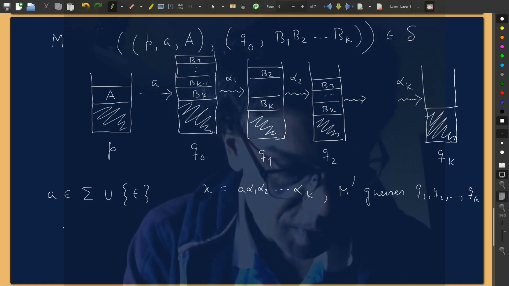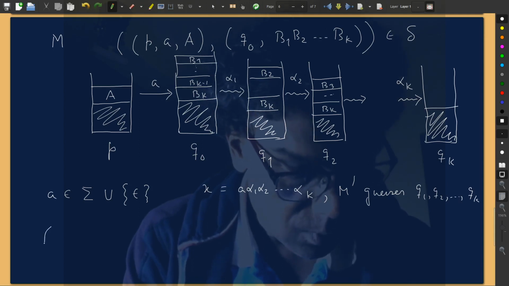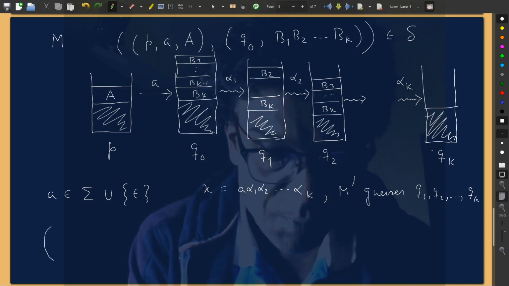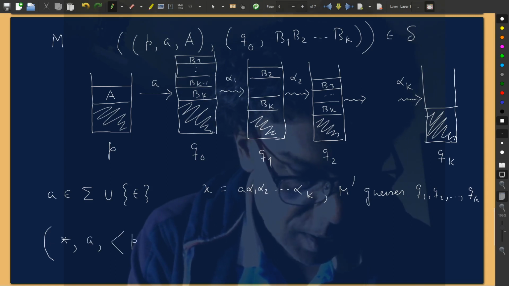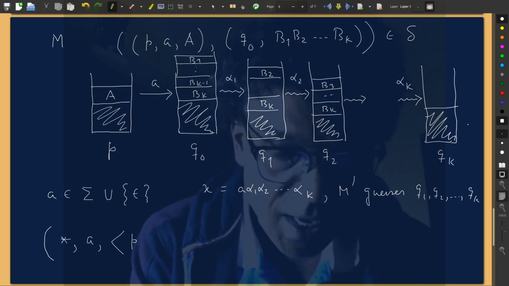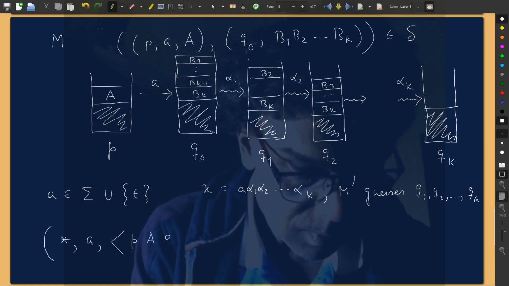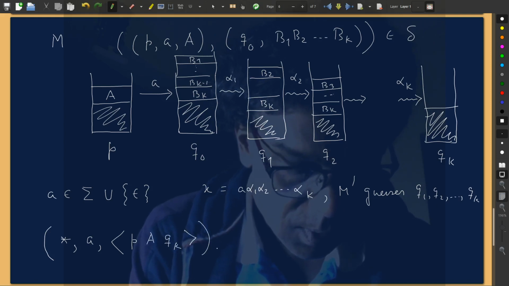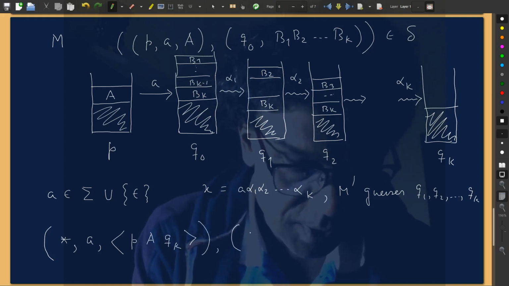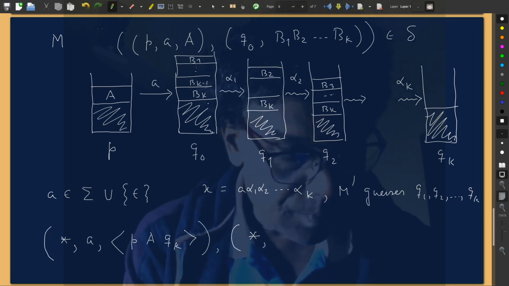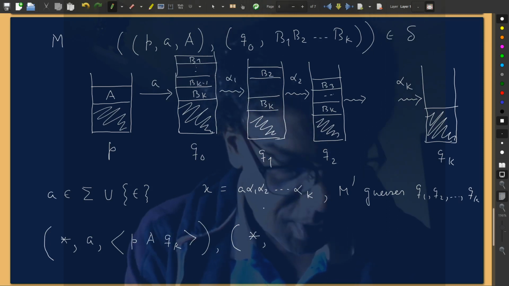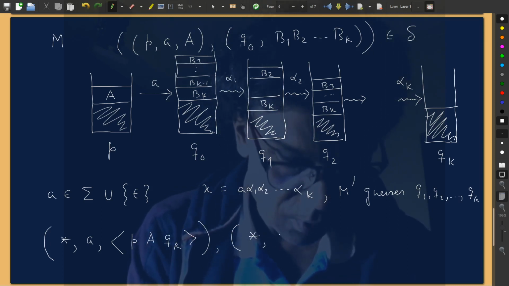It will first consume A. So from P, you get rid of this A and go to Q0. State is not important. A is consumed from the input. And what will be there? The state will be the same as this. But because this B1, B2 is there, you guess Q1.